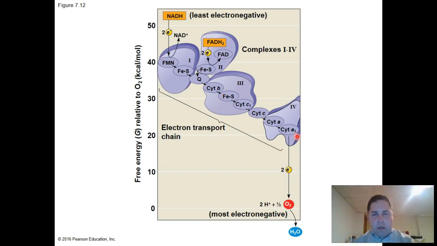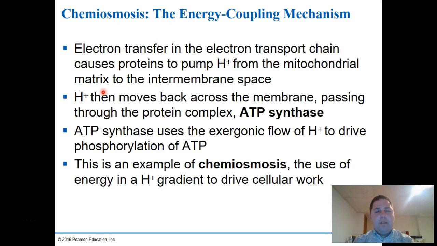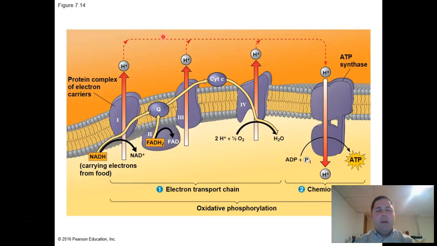Now, what is the work that's happening in the electron transport chain? We're going to use the electron transport chain to pump hydrogen across the membrane. We do active transport of hydrogen as these electrons move through the chain, pushing more and more hydrogen outside of the matrix of the mitochondria into the intermembrane space.